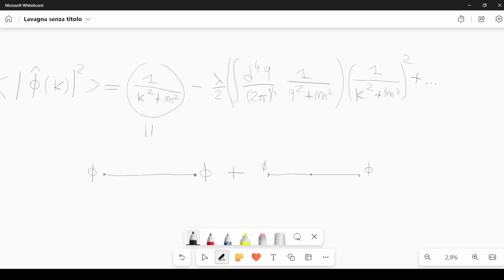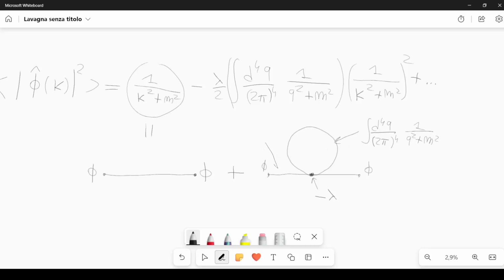But then you also have an internal loop. So here you have a loop. This is a vertex. And to the vertex, we associate the expression minus λ. Then to the loop here, we associate the integral d⁴q over (2π)⁴, 1 over q² plus m².